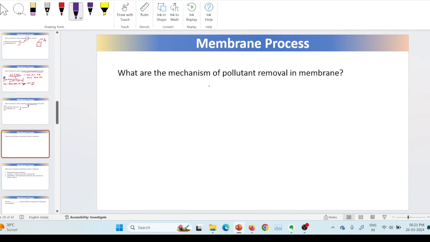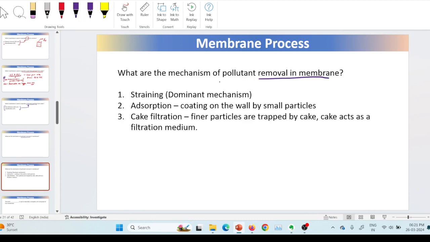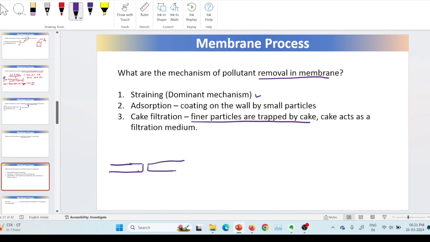What are the mechanisms of pollutant removal in a membrane? The mechanisms are straining, which is the dominant mechanism; adsorption, which is coating on the wall by small particles; and then cake filtration, where finer particles are trapped by the cake, and the cake acts as a filtration medium. Let's see with an example. Let's say this is the pore and this is the membrane.